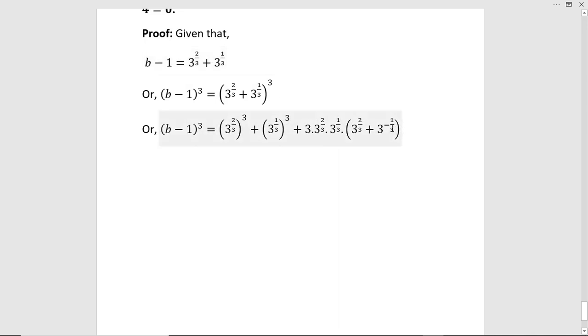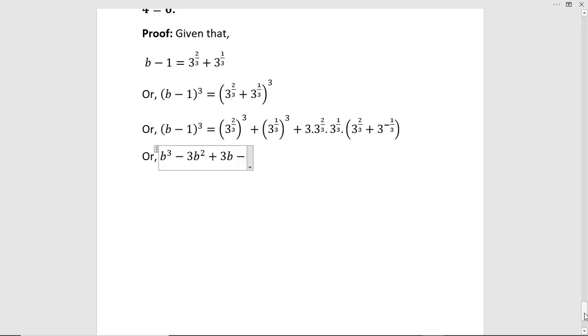So at the next line we have to write a cube plus b cube plus 3ab into a plus b, but this 3 to the power 2 by 3 plus 3 to the power 1 by 3 means b minus 1, so we will put the value b minus 1 here.